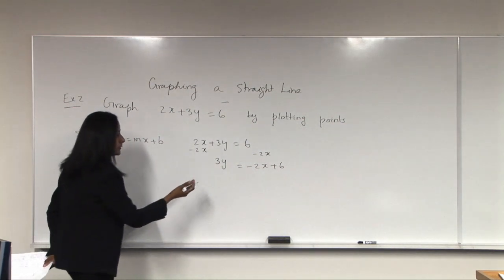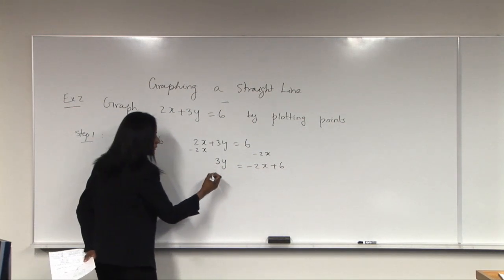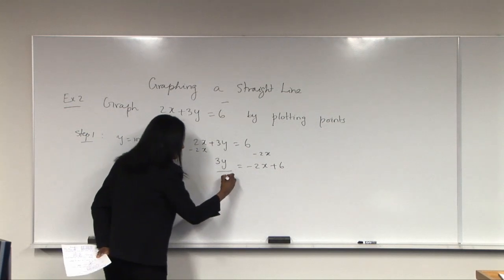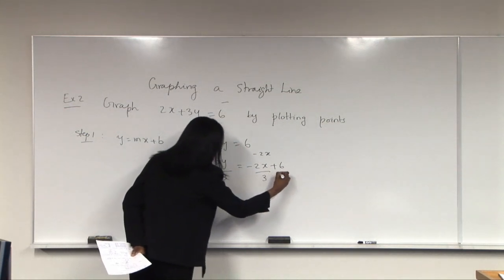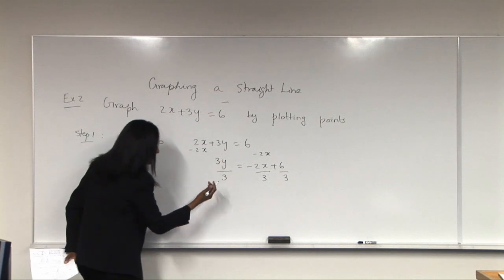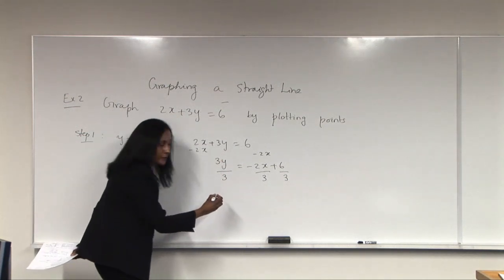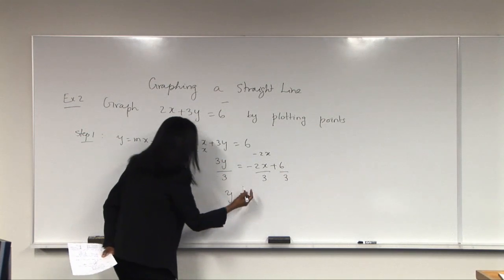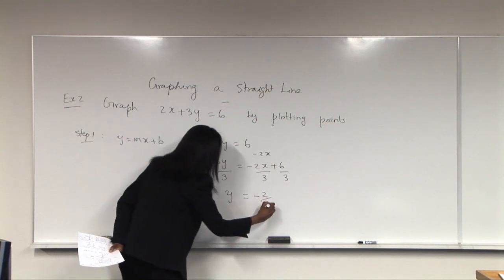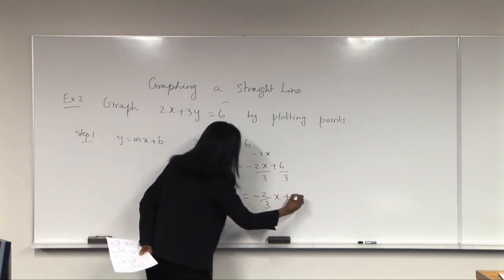And then next, we are looking for y alone, so divide both sides by 3. So now we have 3y over 3 is equal to y. Here we have negative 2/3 x. Here 6 over 3, 2.